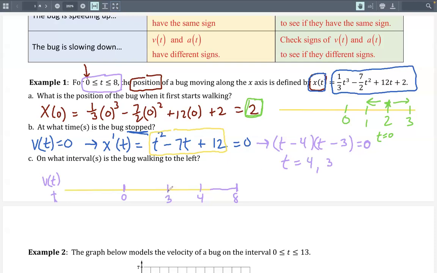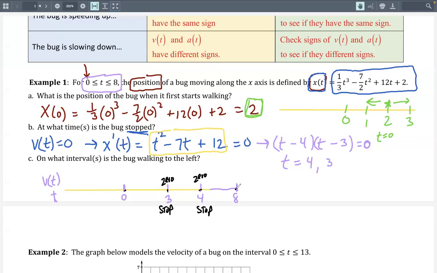So I'm going to note that at time 3, the bug has 0 velocity, which means it's stopped. And at time 4, it has 0 velocity, which means the bug is stopped. So this implies that the bug is moving from time 0 to time 3, then it stops, and then it's moving from time 3 to time 4, and then it's moving from time 4 to time 8.